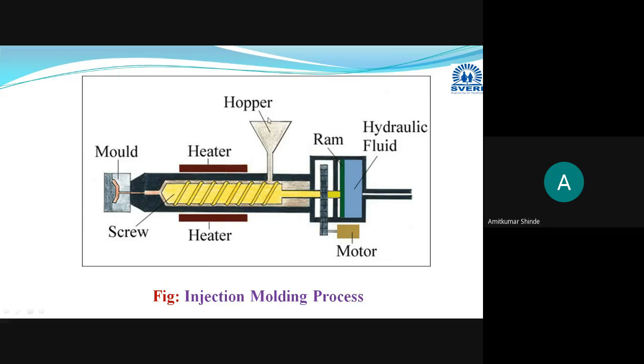Initially, we pour the raw material, then it is heated in this chamber and melted, and that melted plastic raw material is collected here. After a sufficient amount of collection, with the help of this ram, here we have certain hydraulic fluid. With the help of this hydraulic fluid, we apply the pressure.